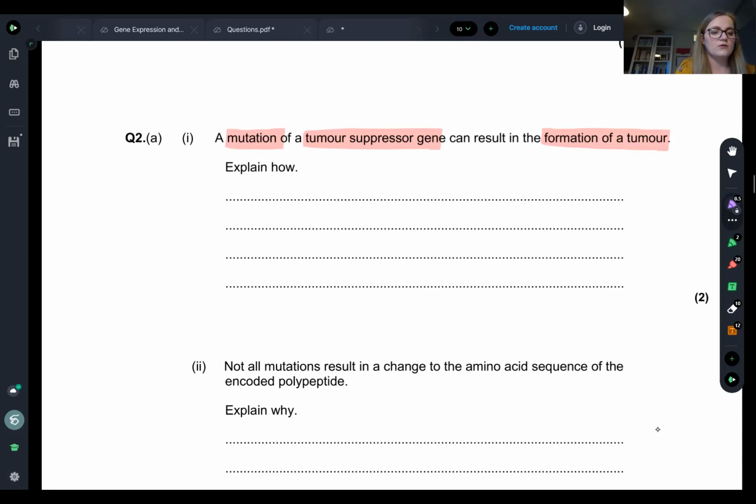So we know that if a tumor suppressor gene has a mutation, it can become inactivated. I'm going to call it a TSG for tumor suppressor gene.